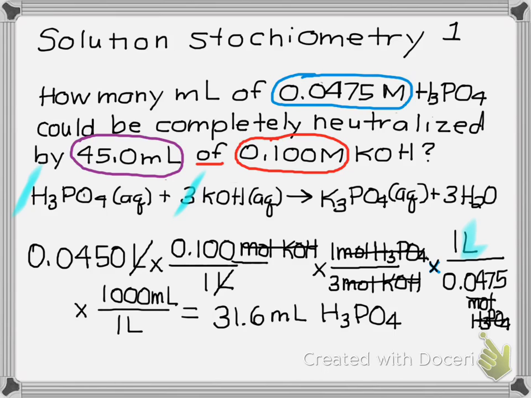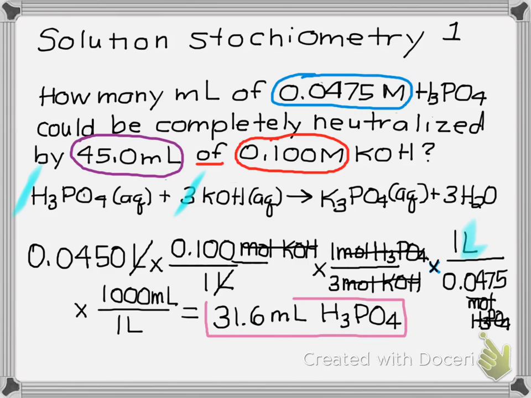To change moles of phosphoric acid into a volume, I divided by the molarity of the phosphoric acid, which was what I was given. The final step was to convert the liters, which is the unit I get from the concentration, into milliliters by multiplying by 1,000.